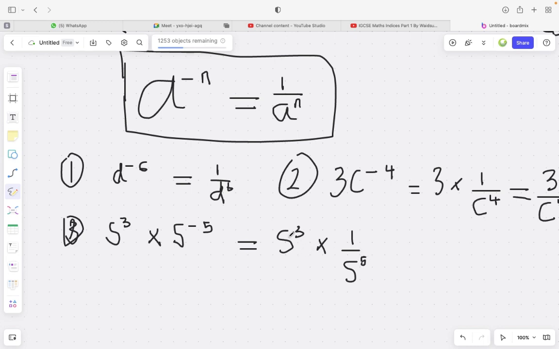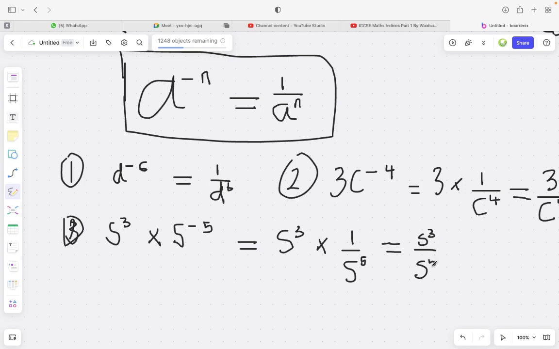So you now see s to the power of 3 times 1 will be equal to s to the power of 3 in the numerator. And then the denominator, you just have s to the power of 5.